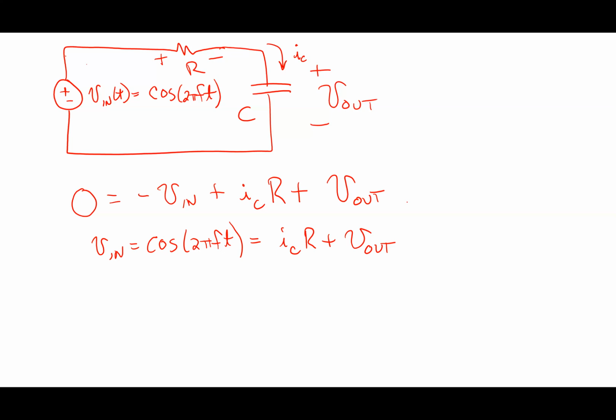IC equals C dVc over dt. In this case, I've called the capacitor voltage V out, so I'll say it's that. So now I have RC dV out by dt. That is what I would call a differential equation, okay?